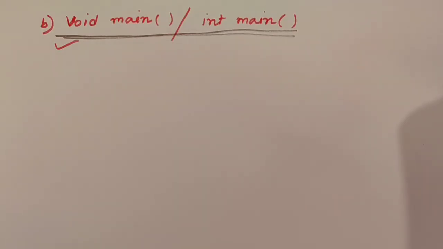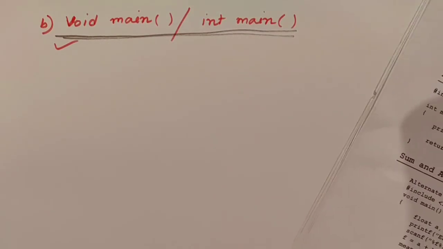But if we want to terminate the program using the exit method, then we have to return an integer value, suppose 0 or non-zero. In this case void main will not work. So it is good practice to use int main over void main.